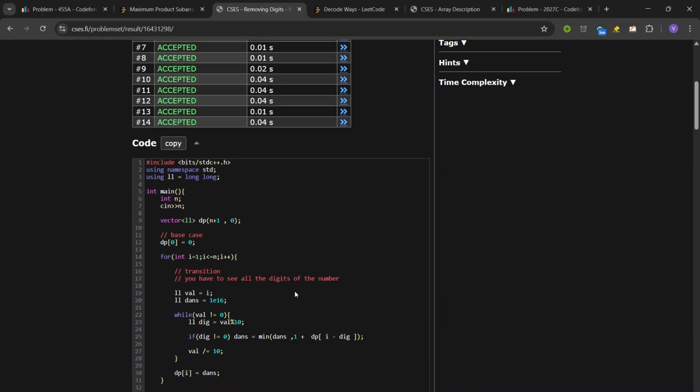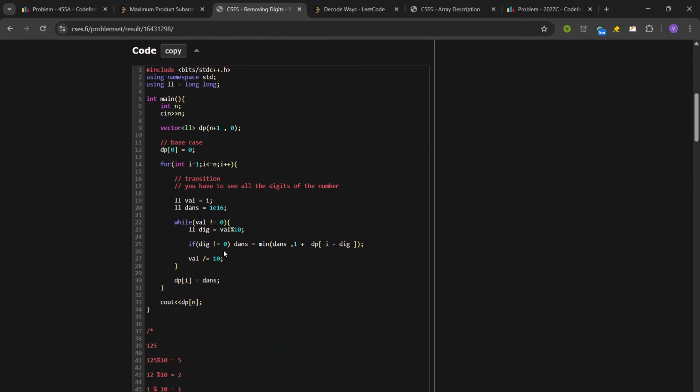Now it is your homework to space optimize it. Oh sorry, it is going to be slightly tough because you need to know what the previous states are. There are 9 states that you may need, right?